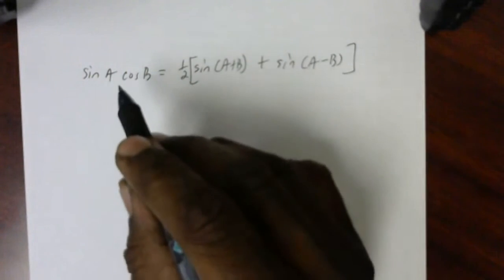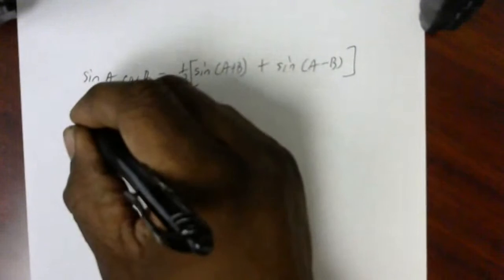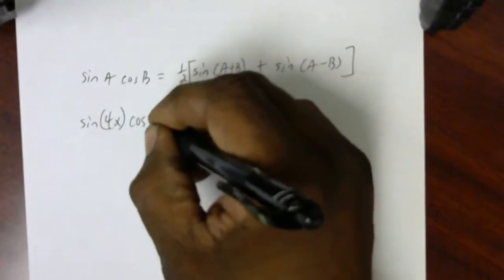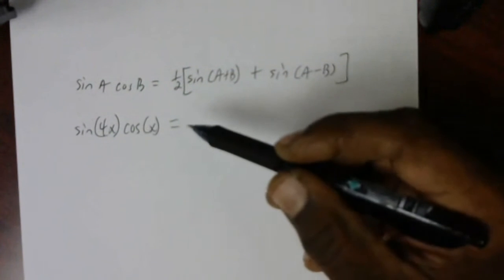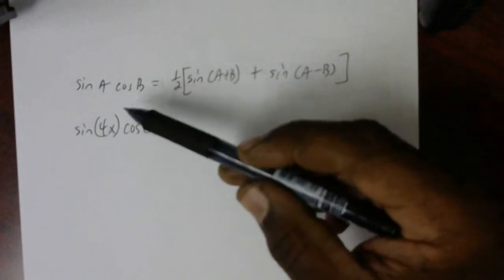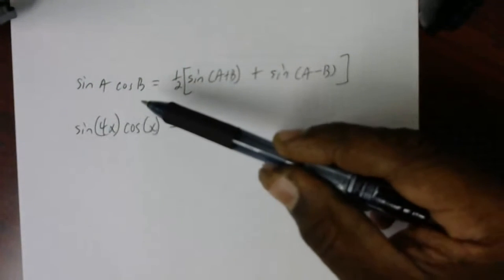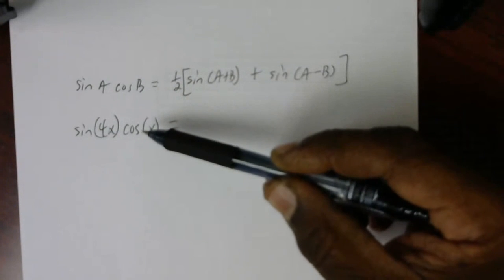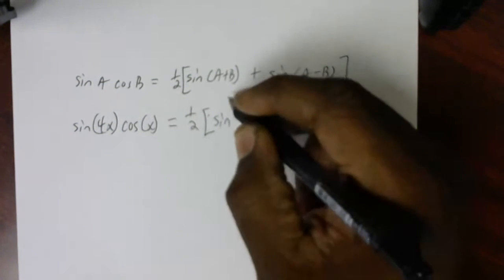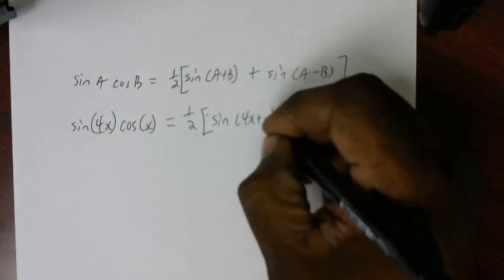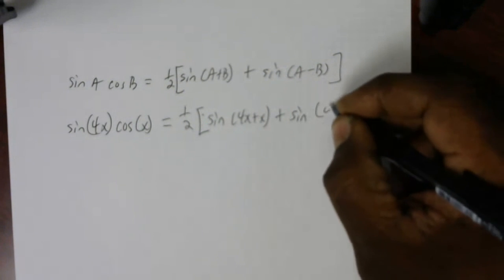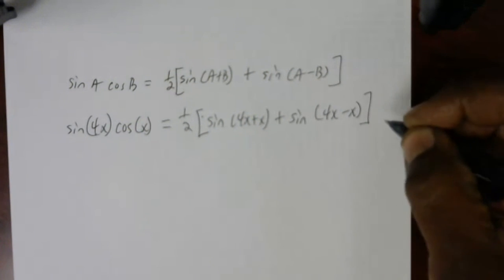And underneath the formula, I'm simply going to write my question. I have the sine of 4x times the cosine of x. And in this formula, I'm simply going to substitute A for 4x and B for x. So this becomes 1/2 times the sine of 4x plus x plus the sine of 4x minus x.